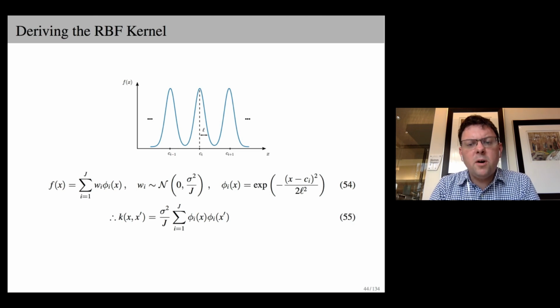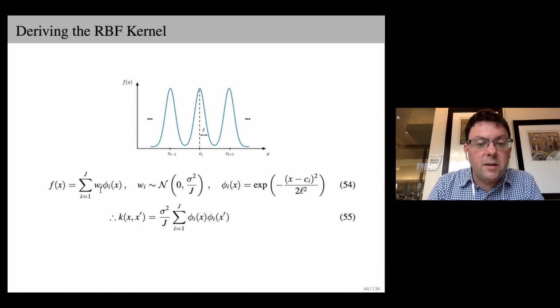Now, we opened this part of the tutorial by deriving covariance functions from classical weight space models. And then we said, well, let's just use a Gaussian process with an RBF kernel. Now let's derive where that RBF kernel comes from. We'll again consider an inner product of weights and basis functions, in this case, not expressed using vector notation.